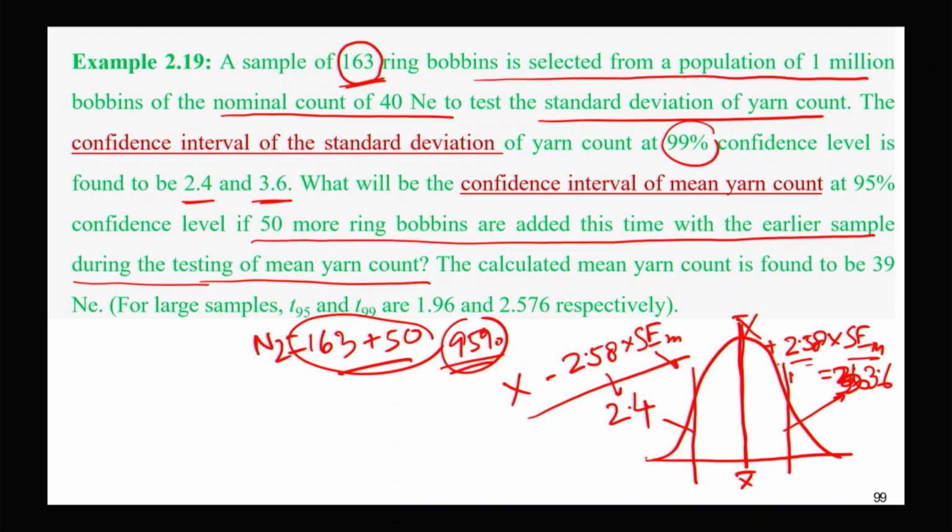The confidence interval of standard deviation is given, but confidence interval of mean of yarn count is being asked. And the calculated mean of yarn count is found to be 39. So, here mean count is 39.